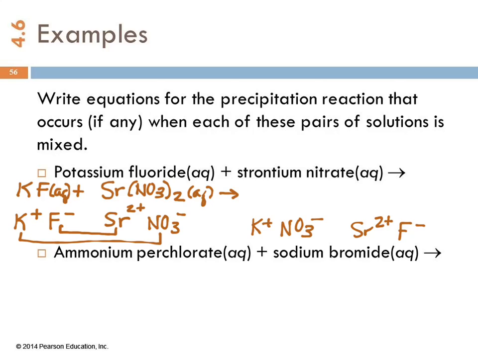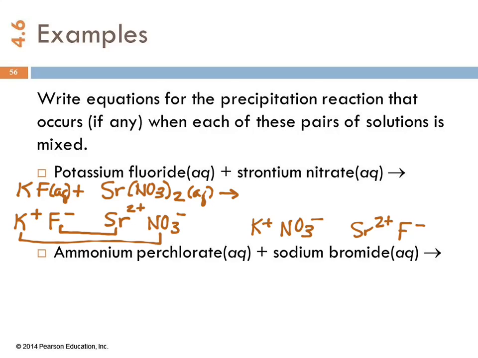Now we have to go to the solubility rules and see, is either of these insoluble? What about potassium and nitrate? This is soluble. Potassium compounds are always soluble, nitrate compounds are always soluble. What about these two? Fluoride is a halide ion. Those are generally soluble, right?